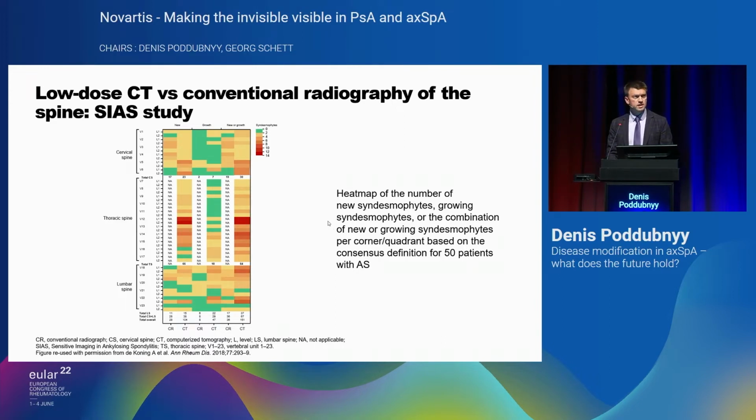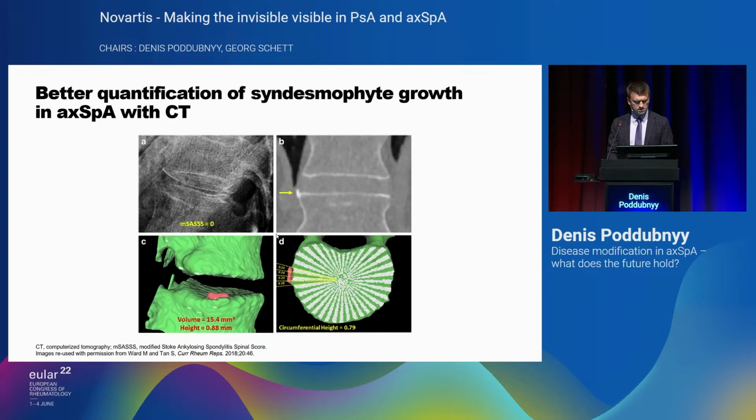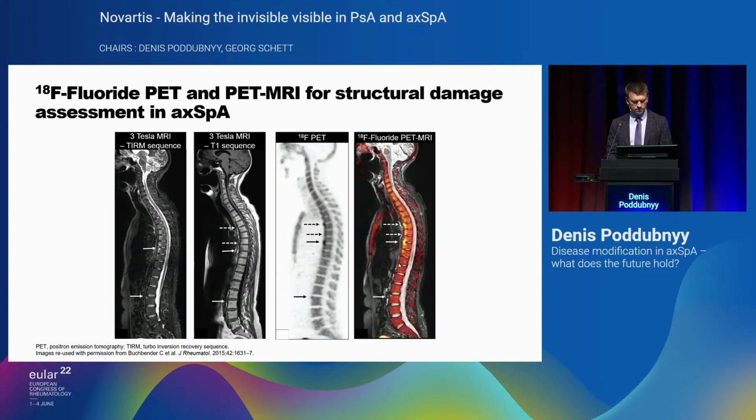We're missing really many syndesmophytes occurring in this area. And as I said, with mSASSS we evaluate normally only the anterior portion, but syndesmophytes grow in the entire vertebral body. They can be lateral, they can be posterior, and a low-dose CT scan is a valid method to assess those syndesmophytes.